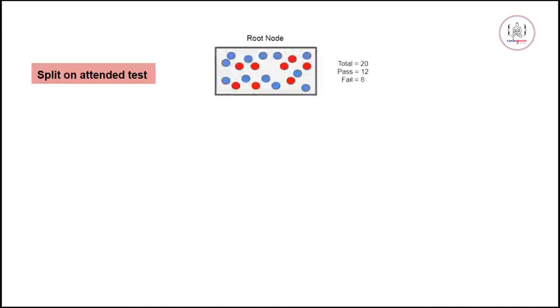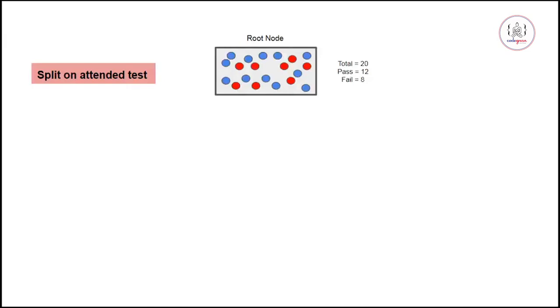The total is 20, and pass equals 12. Here your blue circles represent pass and the red circles represent fail, which is 8.